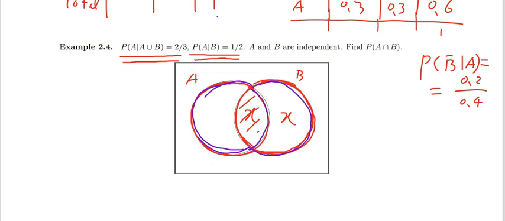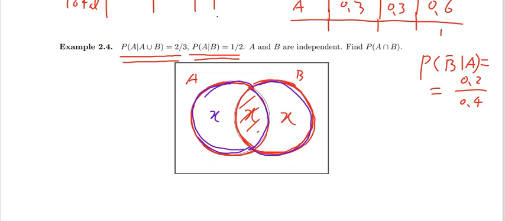So A counts for 2 over 3. So suppose this is x, we know this also should be x, right? So we have split into 3 parts. A counts for 2 parts among the 3 parts of A or B, x each.